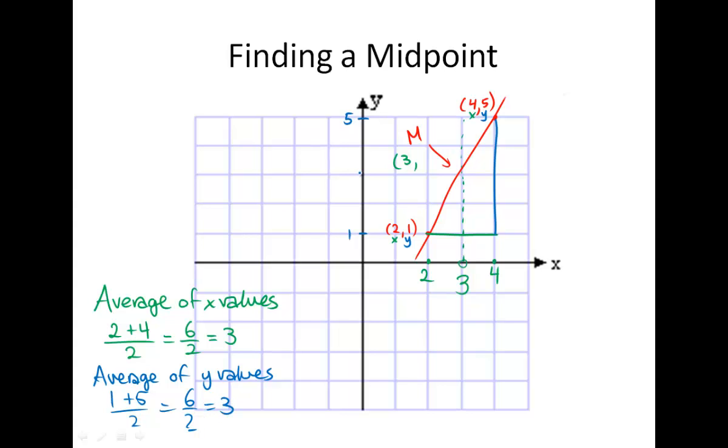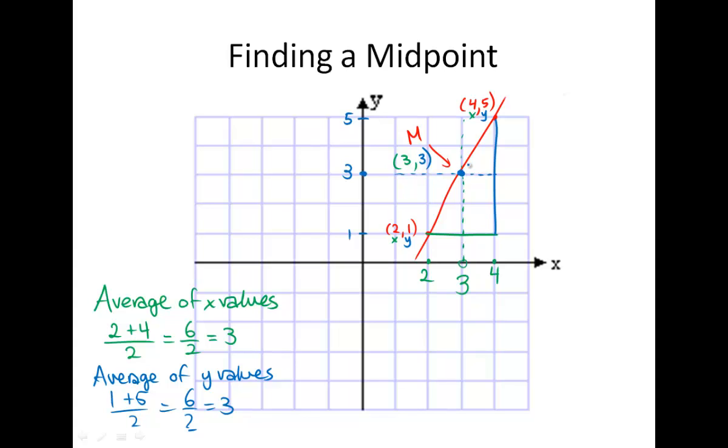Is 3 exactly in between 5 and 1? Why, yes it is. So exactly halfway in between the vertical is at 3. So that gives us the y component of the midpoint.